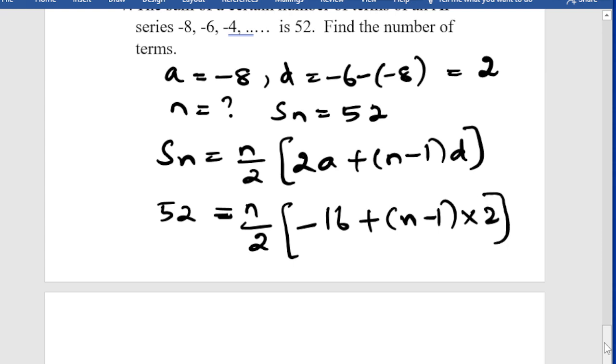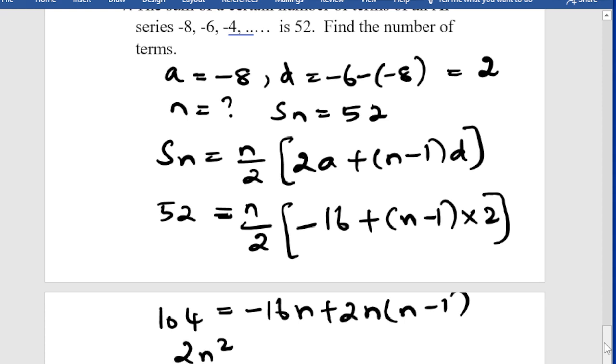Now simplifying this, taking 2 to the left side, we get 104, which is equal to minus 16n plus 2 into n minus 1.